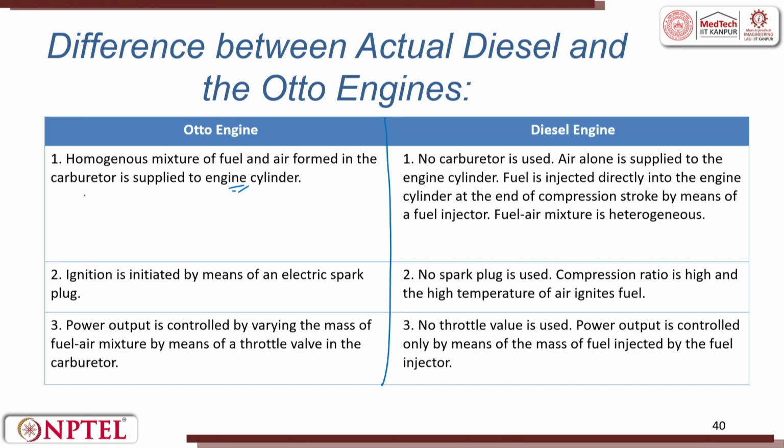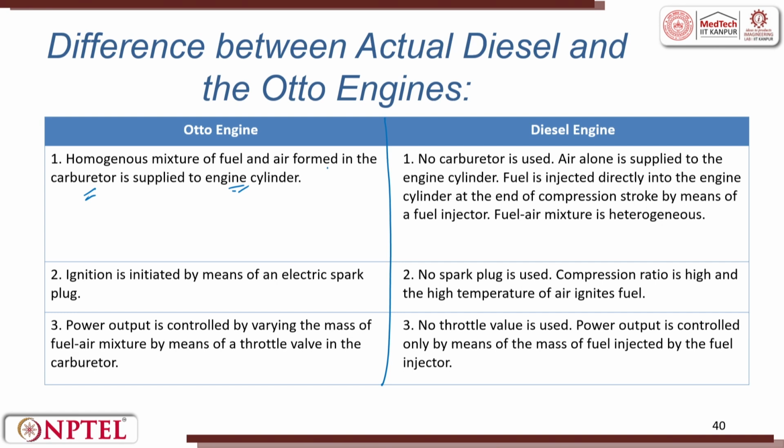What is a carburetor? It is a part where fuel and air are mixed. Petrol comes from one side, air is drawn in through the front of the carburetor, and the mixing happens at the carburetor. So the fuel and air formed in the carburetor is supplied to the engine cylinder.